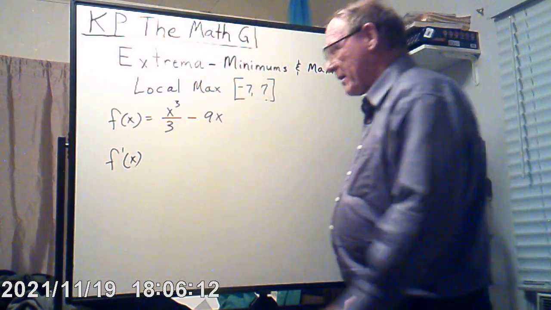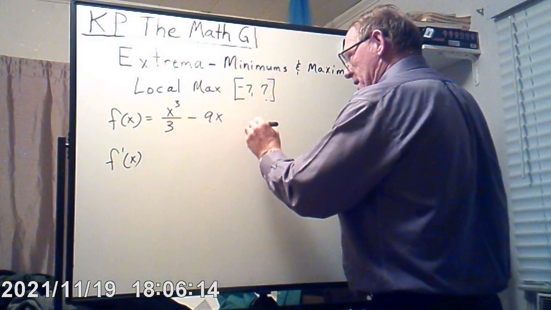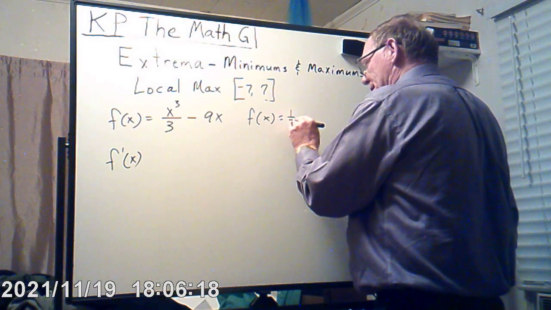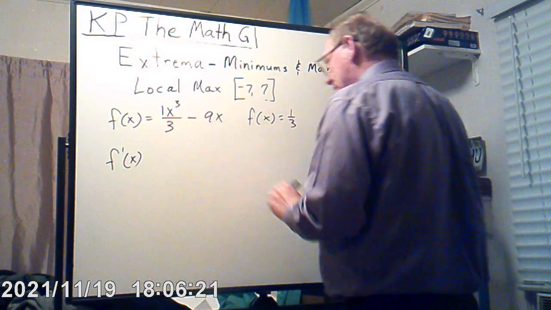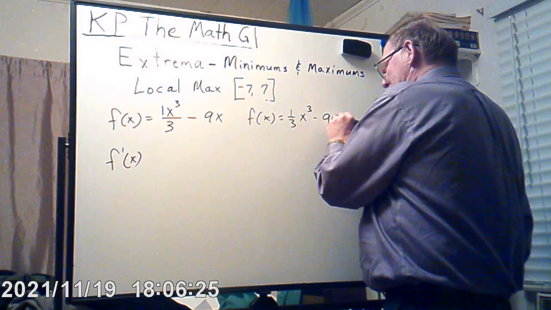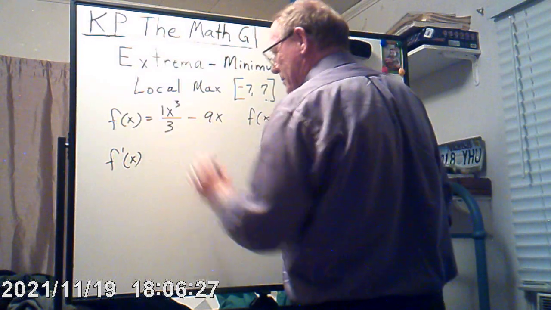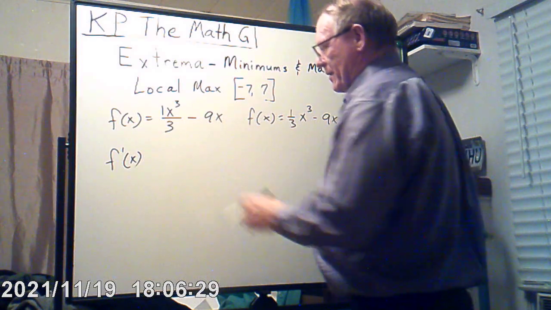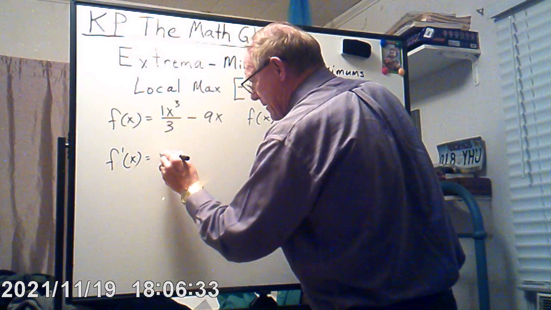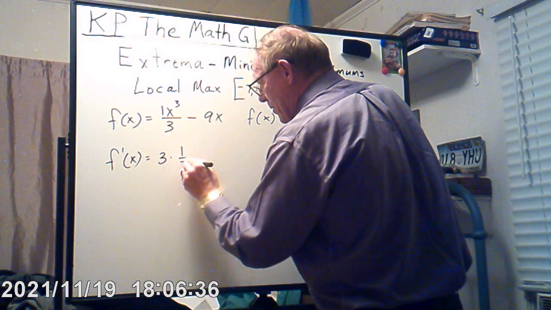Okay, alright, well, we've got to take this derivative. First of all, let's rewrite this. F at x is equal to 1/3, that's a 1 in front of that, so 1/3 x cubed minus 9x. Everybody see where the 1/3 comes from? Alright, so now we're going to take this derivative. We're going to remember we put the 3 in front times 1/3.